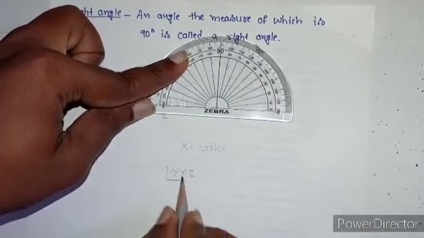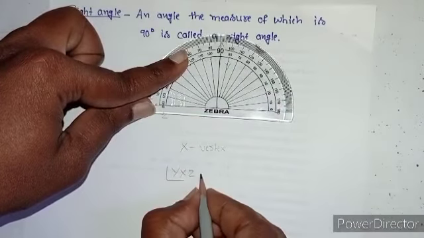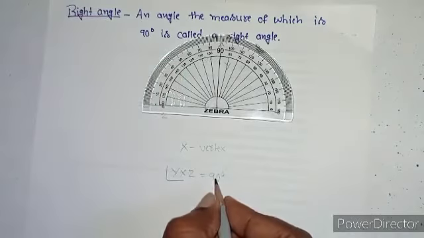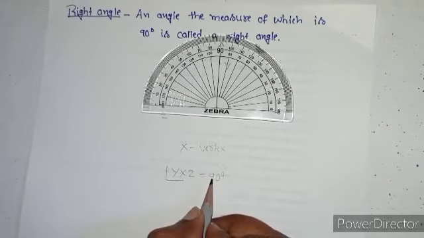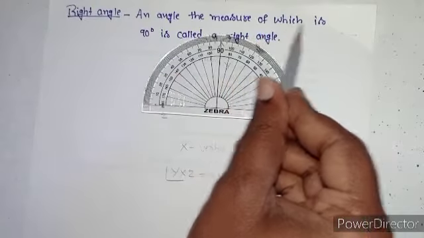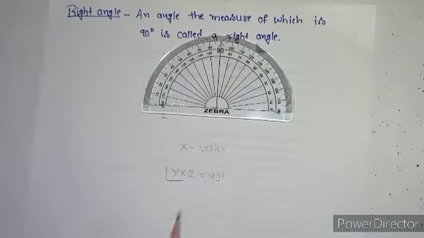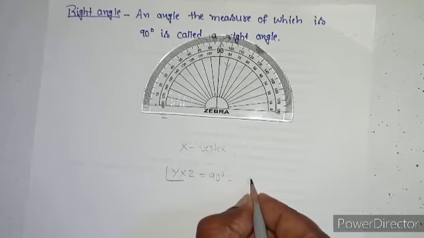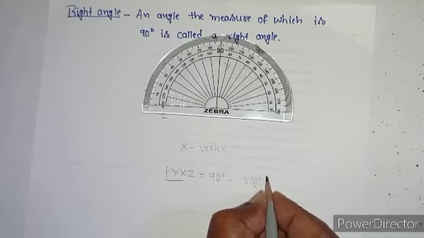So YXZ is equal to 90 degree. So it is a right angle. An angle whose measure is 90 degrees is called a right angle. So YXZ is a right angle.